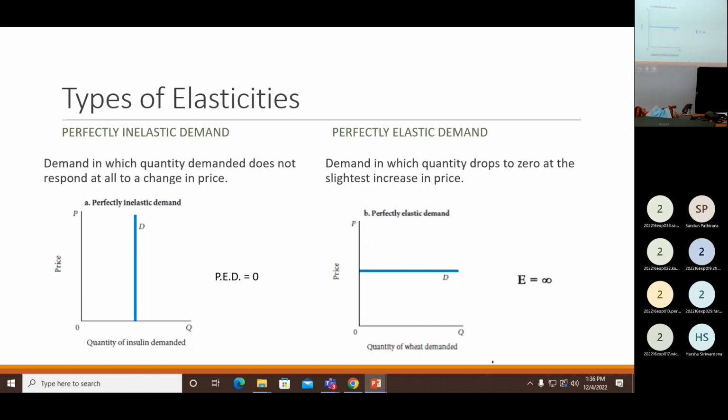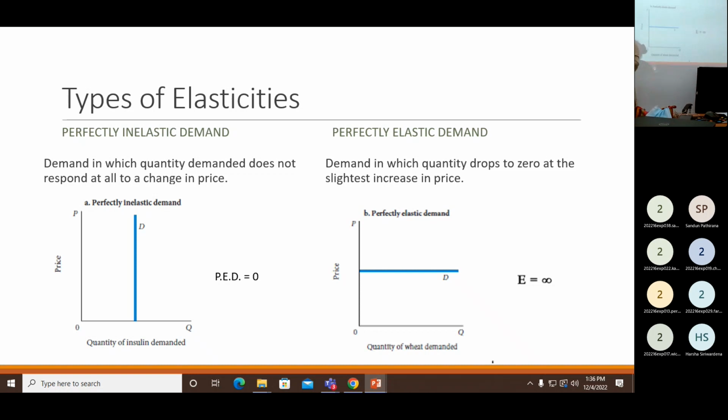So there are basically two extremes for PED. Price elasticity of demand can be zero. That is one extreme. Or it could go to infinity. But this infinity will carry the negative sign, sorry, it's not mentioned here. Infinity will be negative because there's a negative relationship between price and quantity demanded.